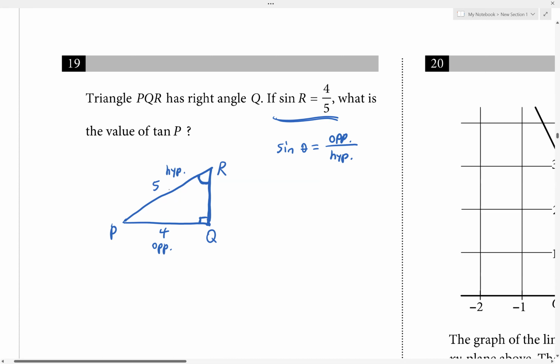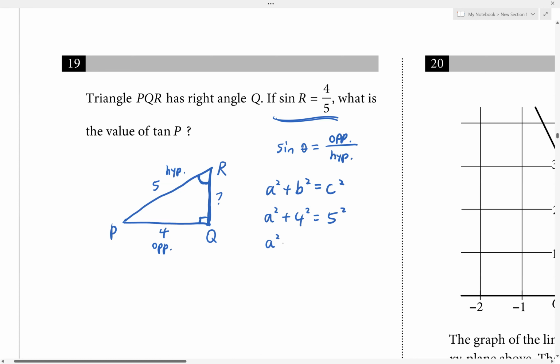Right, and then we can also solve for this missing side now. We can solve for RQ because we have a right triangle here. To solve for a missing leg, we can use the Pythagorean theorem: a squared plus b squared equals c squared. So a squared plus 4 squared equals 5 squared.